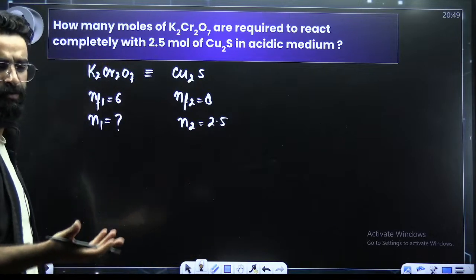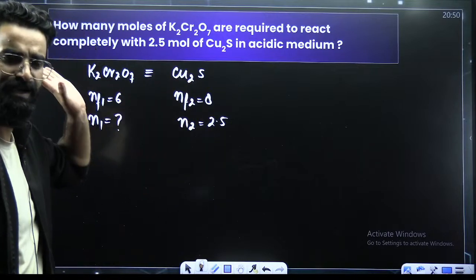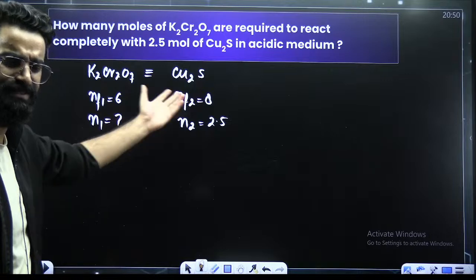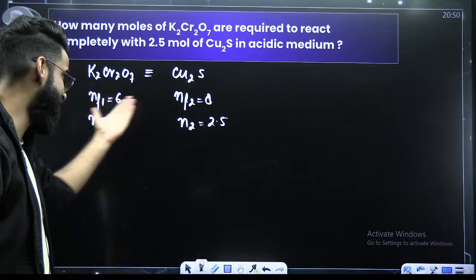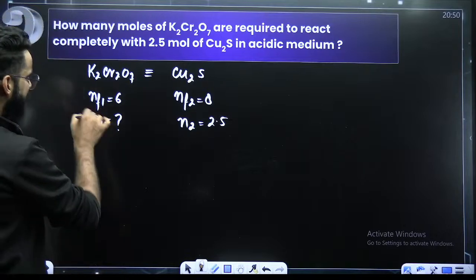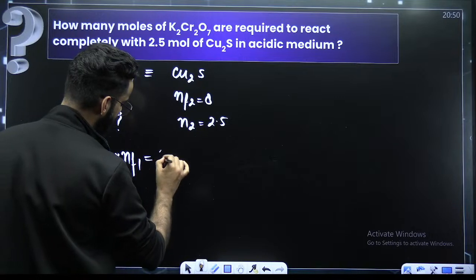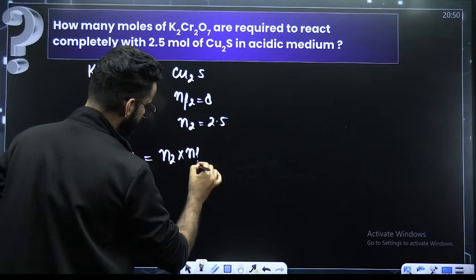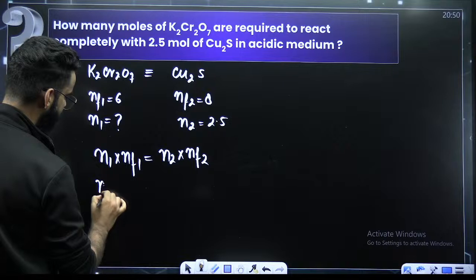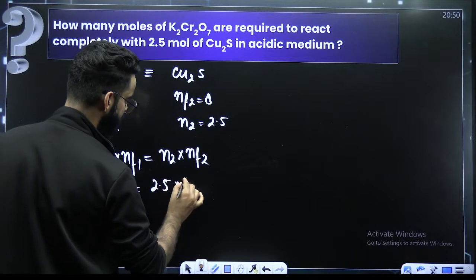So just use the equivalent concept. Gram equivalence of this reacted has to be equal to gram equivalence of this reacted. Or milli equivalence of this is equal to milli equivalence of this. Since the data is in terms of moles, I'm using the statement gram equivalence. So moles of 1 multiplied by n factor 1 is equal to moles of 2 multiplied by n factor 2. N factor 1 is 6, moles of 2 is 2.5, n factor 2 is 8.